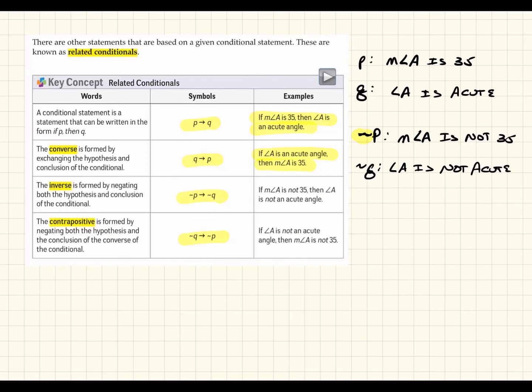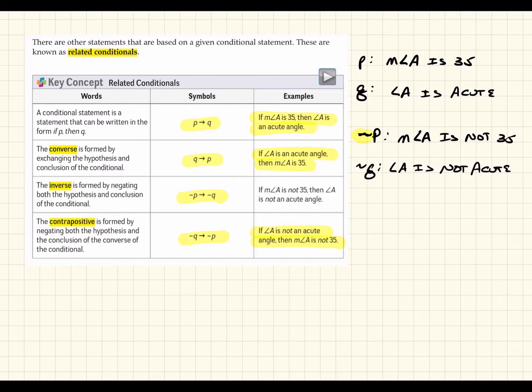If angle A is not acute, then the measure of angle A is not 35. In this situation, the contrapositive seems to make the most sense. If angle A is not acute, it has to be either right or obtuse, which means that the measure of angle A cannot be 35, because if it was a measure of 35, it would make it acute.